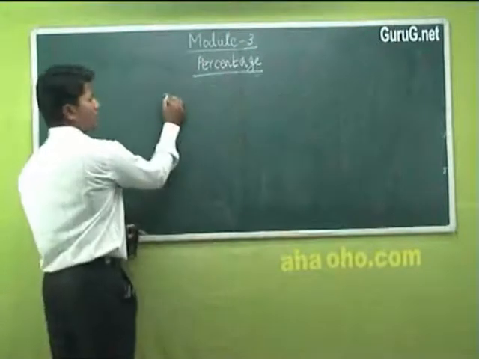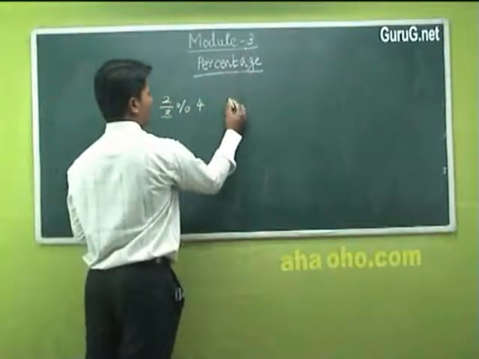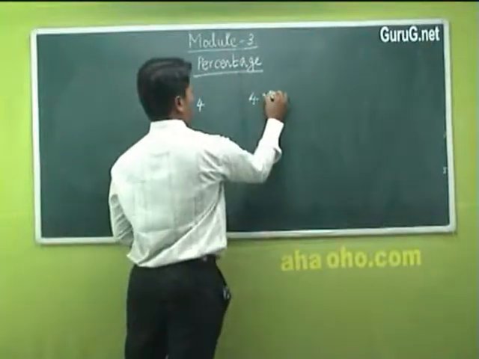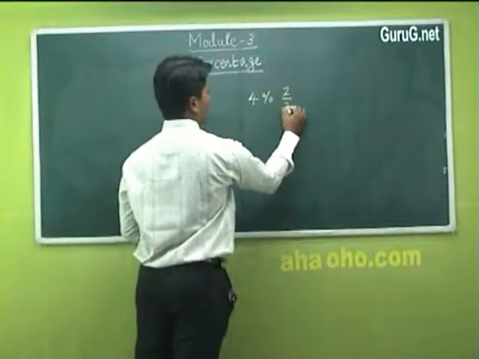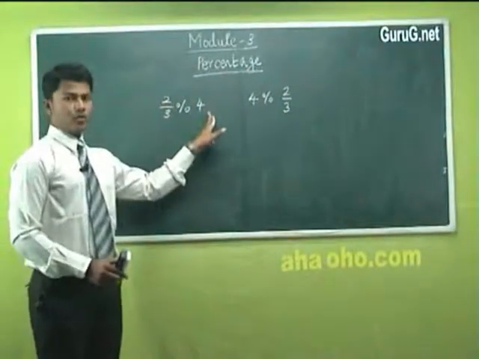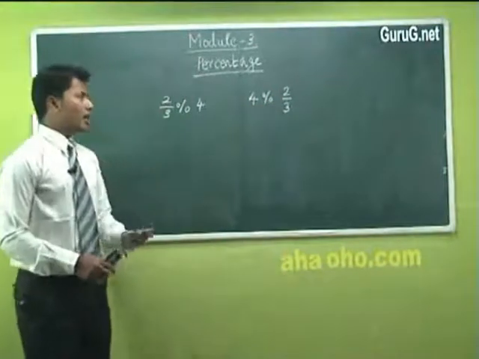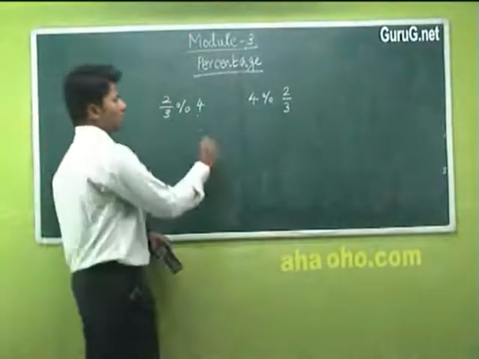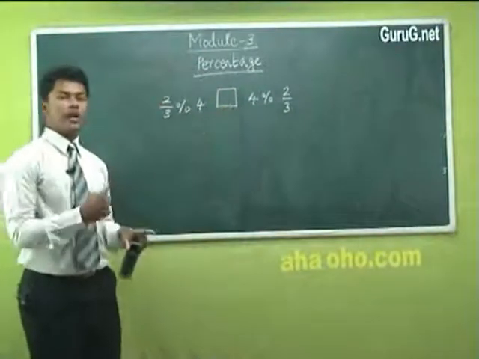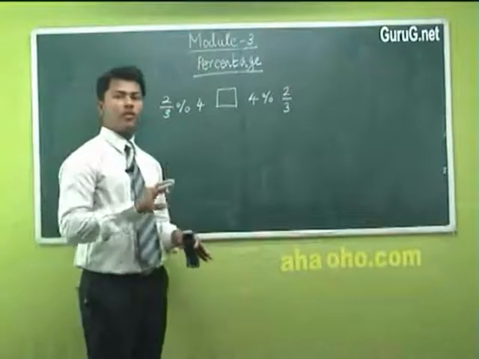You are given 2/3 percent of 4 on one side, and on the other side you are given 4 percent of 2/3. You are asked to evaluate these two expressions, whether they are equal, greater than, or lesser than. You need not go for calculation.